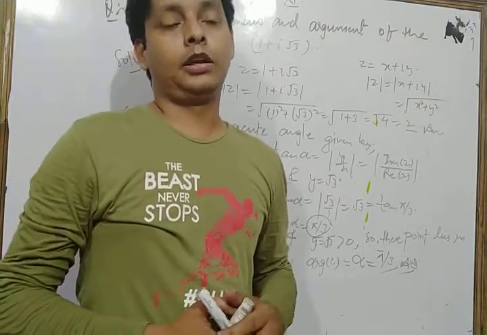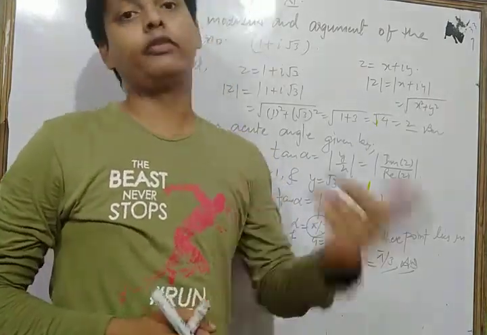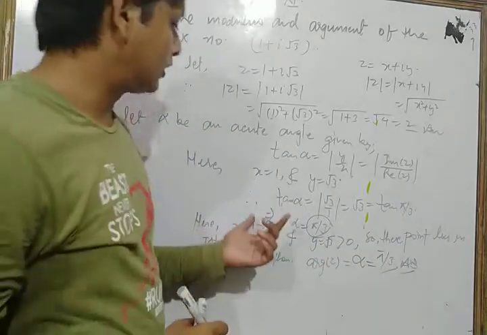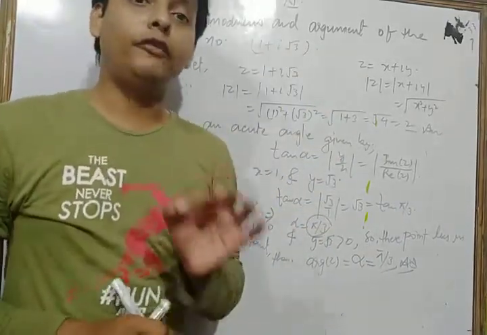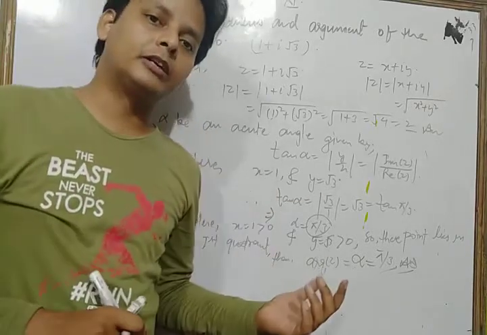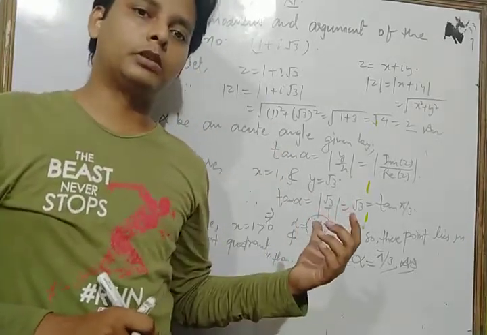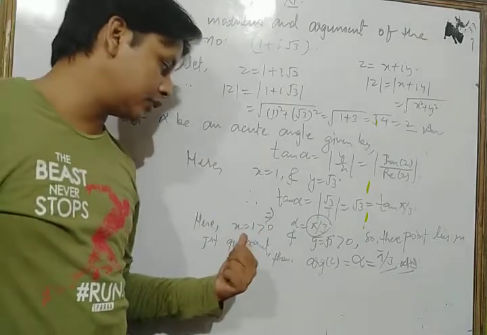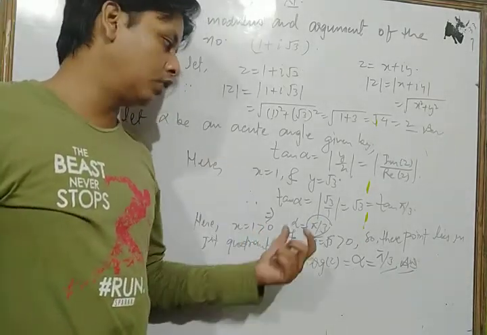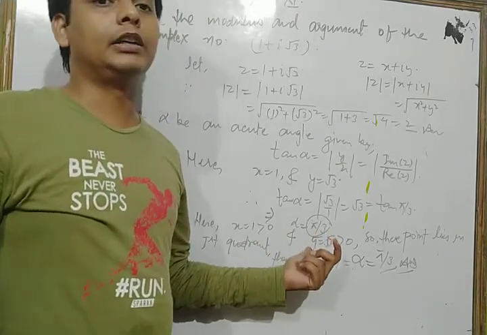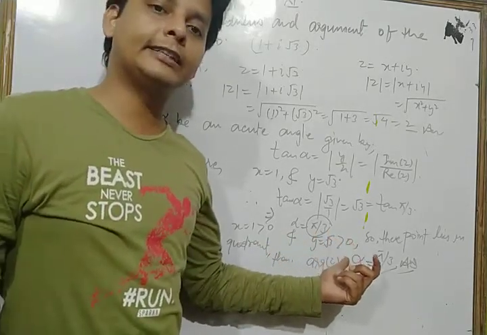After that, once we find the value of alpha, we observe in which quadrant the point x, y lies in the Argand plane of the given complex number. So here we observe that x is equal to 1, which is greater than 0, and the value of y is equal to root 3, which is also greater than 0.